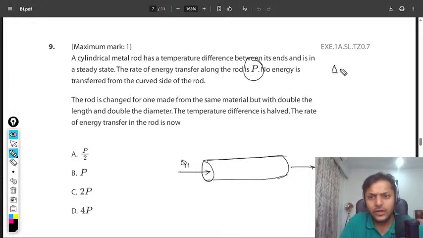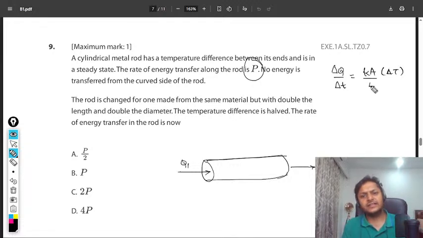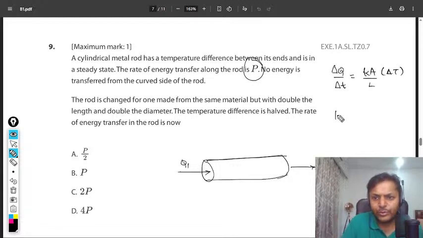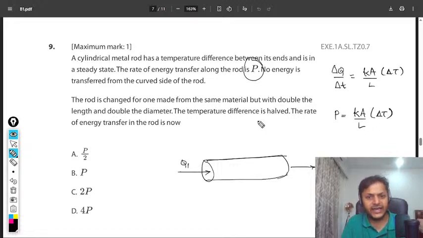My dear students, here clearly we are going to use Fourier's law, which is P = kA/L times delta T, and accordingly we can see. In the first case the power is P, this is k, area is written as A, length will be taken as L, and this is delta T. But in the second case, what is the new power we have to find? k is the same because we are using the same material.